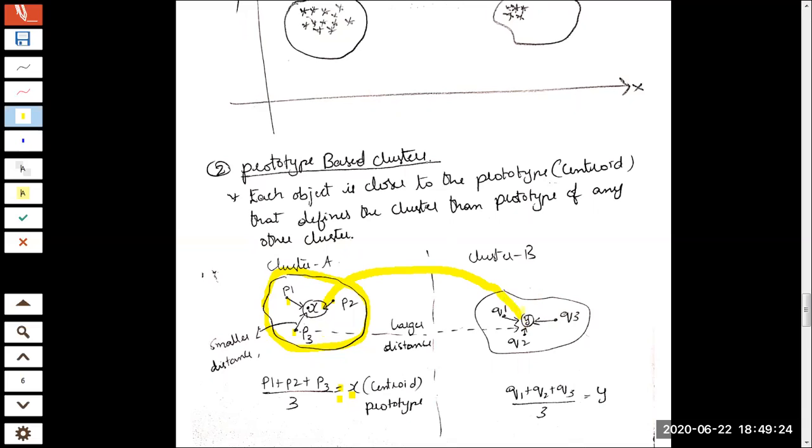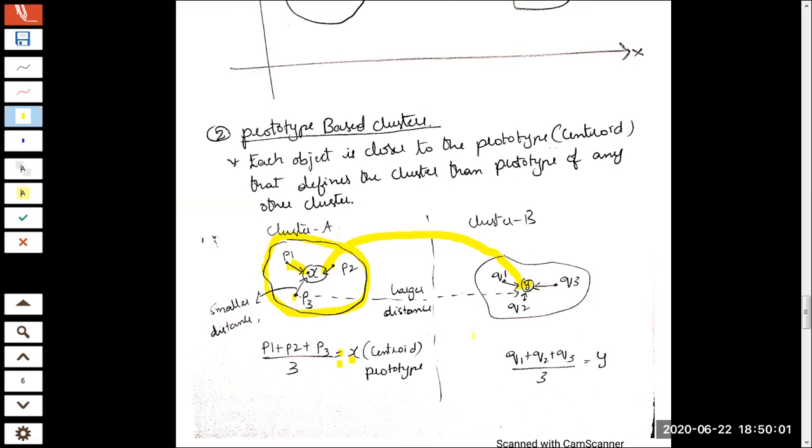So, for example, you can see in cluster B, we have the centroid Y, similar to the centroid X we had in cluster A. Okay, so this is the centroid in cluster B. So you can see the distance of the point P1 or P2 is smaller to its own centroid, or to the centroid in its own cluster, when compared to a centroid in a different cluster. This is a prototype based cluster.